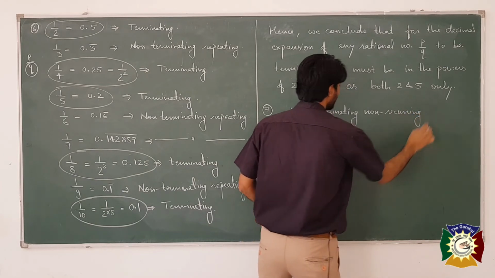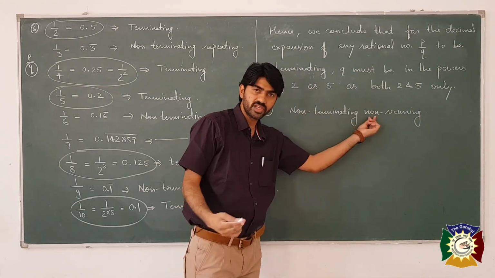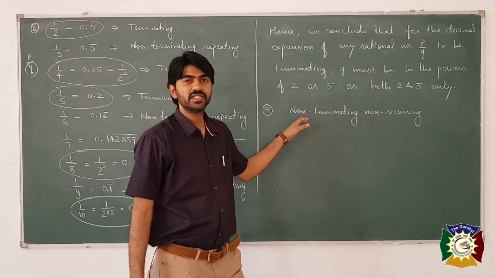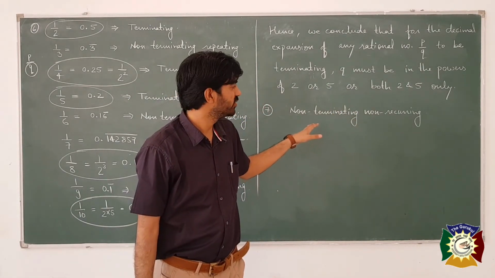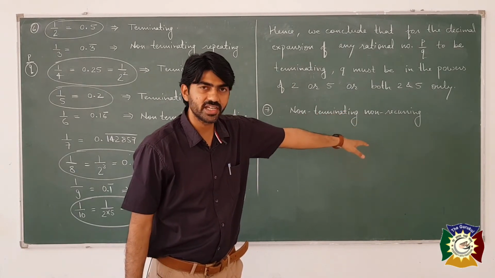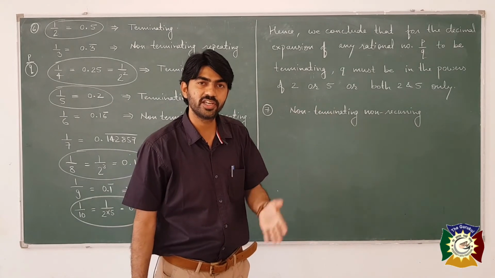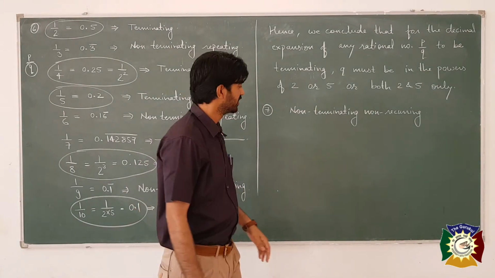It means it is an irrational number. So we have to write 3 numbers which have non-terminating, non-recurring decimal expansion. It means we have to write 3 irrational numbers.